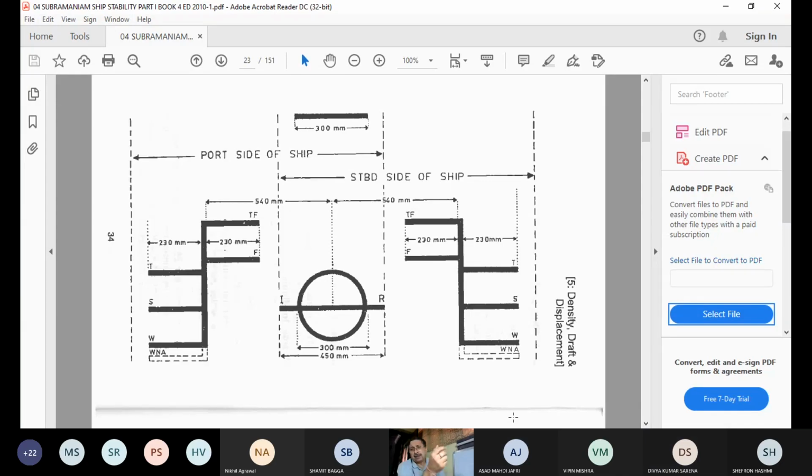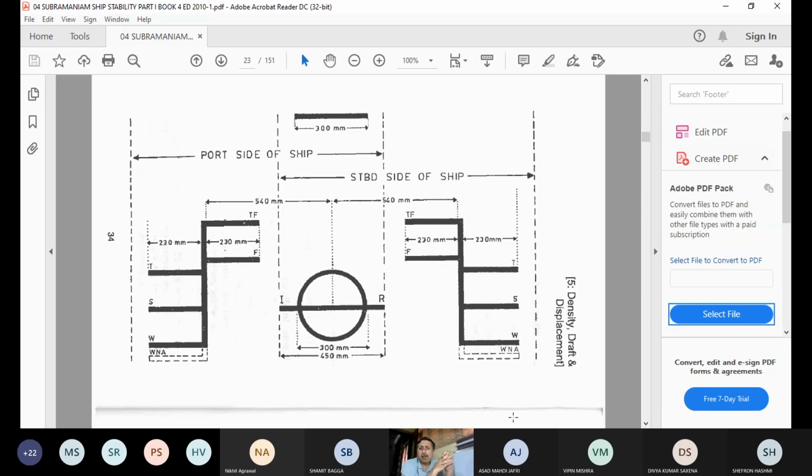Absolutely right. But in the meantime, while going from S to F, I would have consumed some bunkers and some fresh water also. Agreed? There will be some consumption of my liquids.